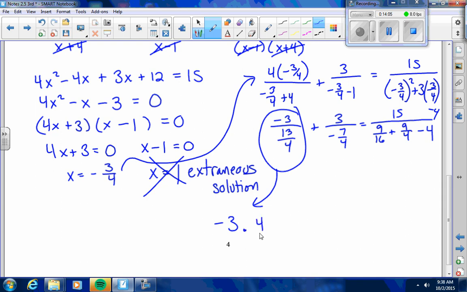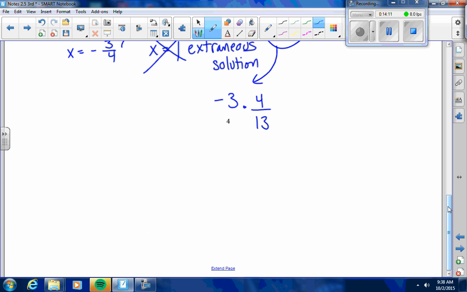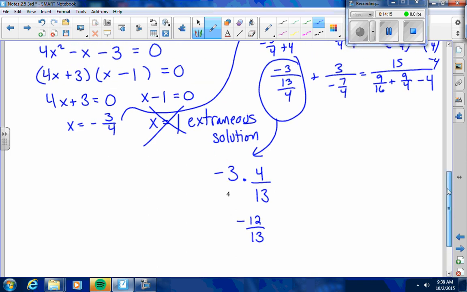So times 4 over 13. So that is negative 12/13. This guy is 3 times negative 4/7. So that's negative 12 over 7.